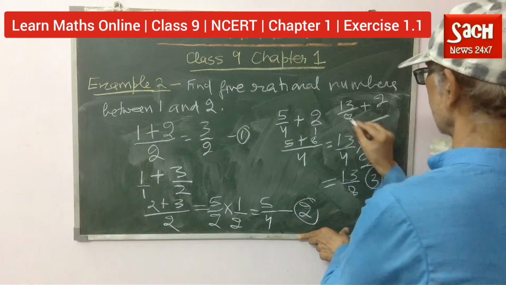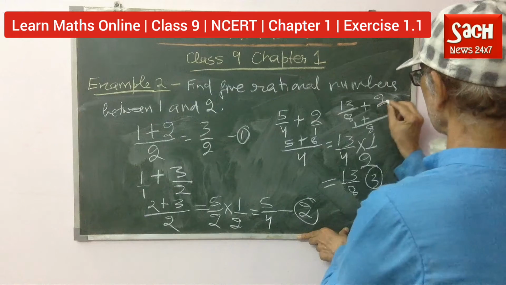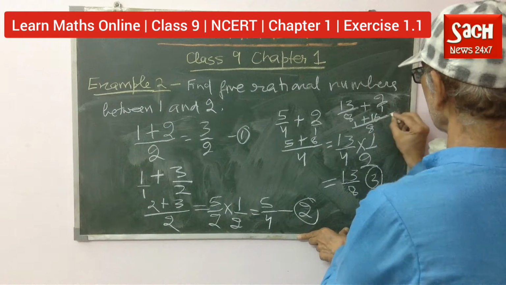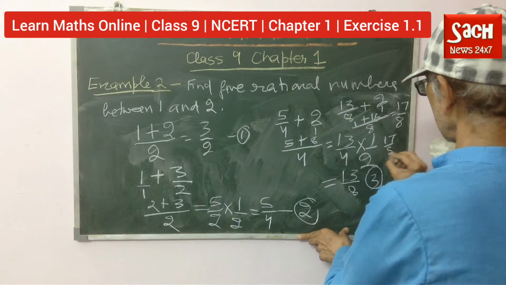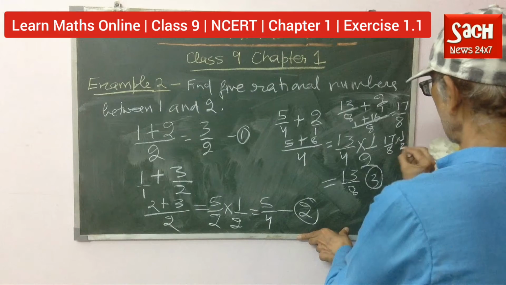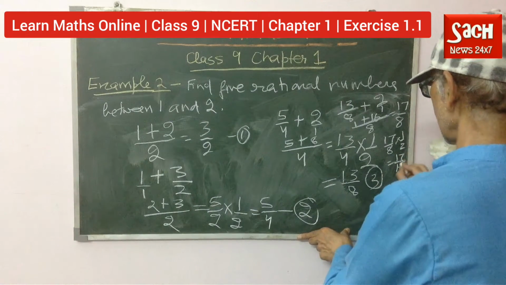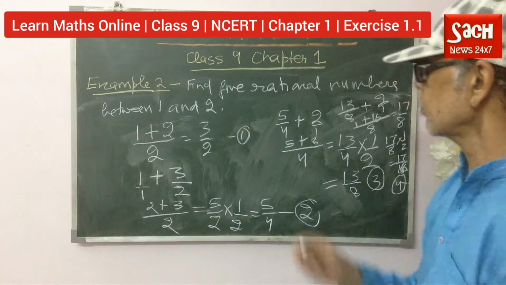Calculate it: it becomes 29 by 8. Again divide by 2, and it will be 29 by 16. That is the fourth rational number between 1 and 2.